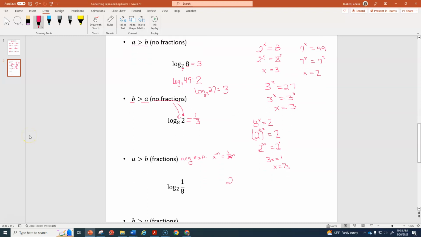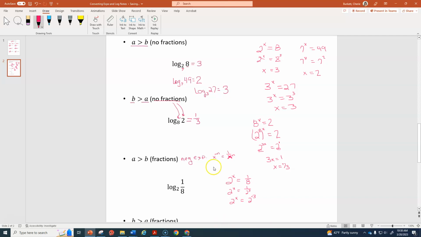So you can rewrite this. 2 raised to what power is going to equal 1/8? To make this a common base, I'm going to rewrite that 1/8 as 2 to the x power is equal to 1 over 2 cubed. And then so I can have a common base, I'm going to say 2 to the x power is equal to 2 to the negative 3.